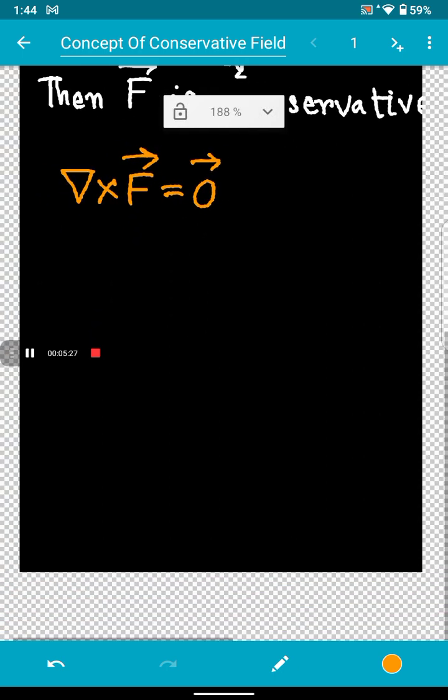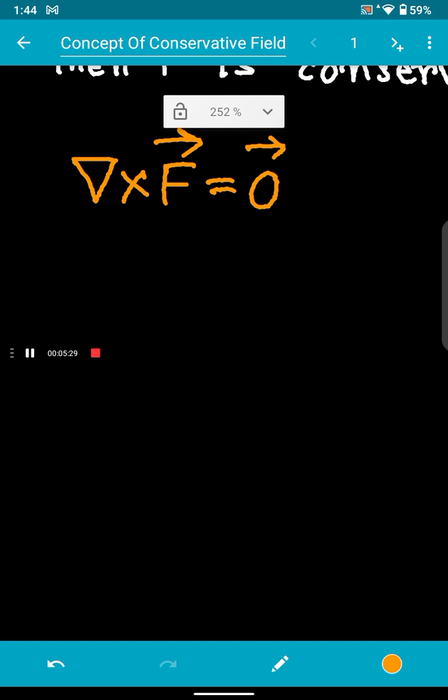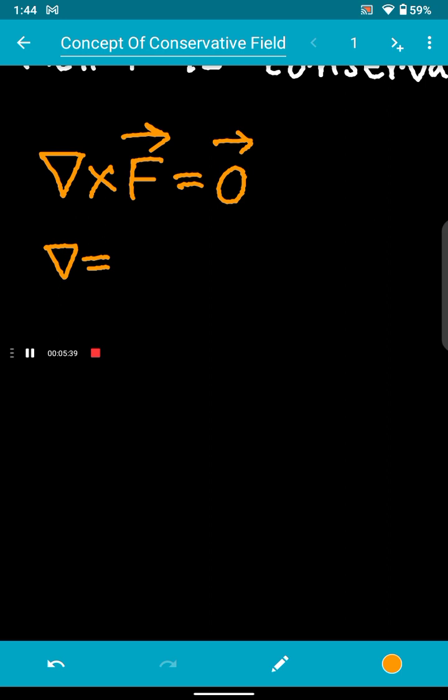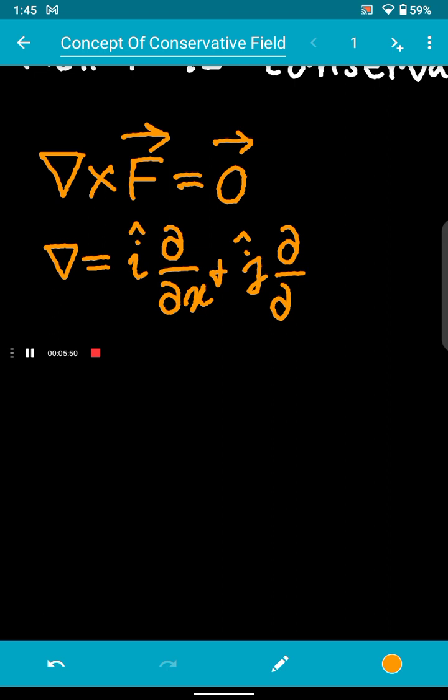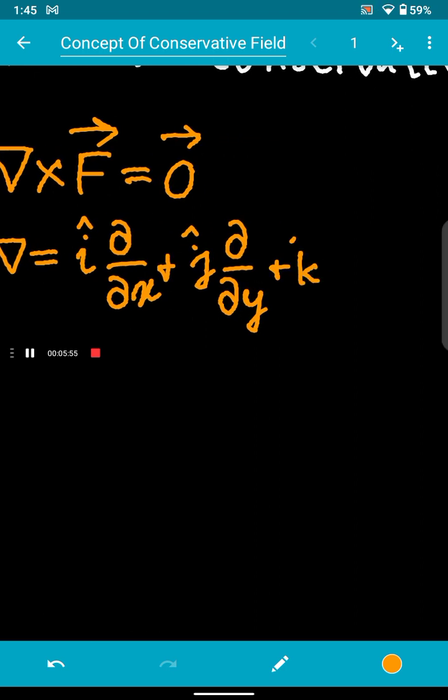Now what is curl of F? This thing nabla, if you don't know, is an operator, and it is basically defined as i cap into del x plus j cap into del y plus k cap into del z.